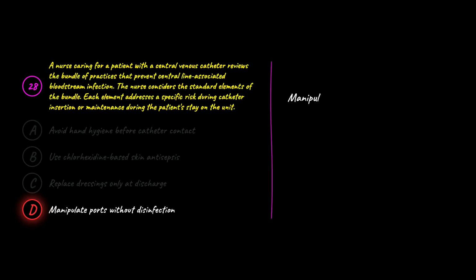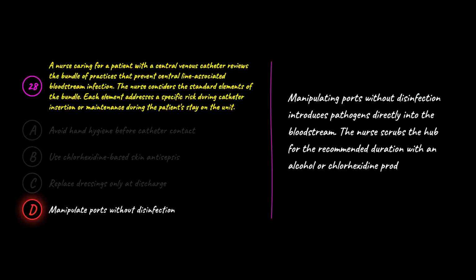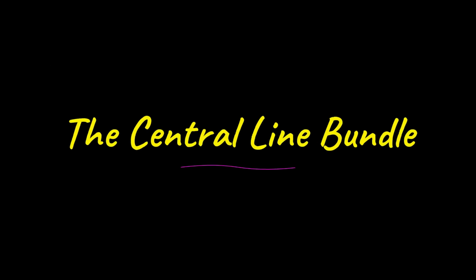D is wrong because manipulating ports without disinfection introduces pathogens directly into the bloodstream. The nurse scrubs the hub for the recommended duration with an alcohol or chlorhexidine product before each access of the line. Central line infections are deadly, costly, and preventable.